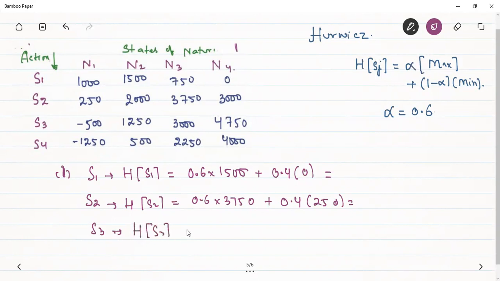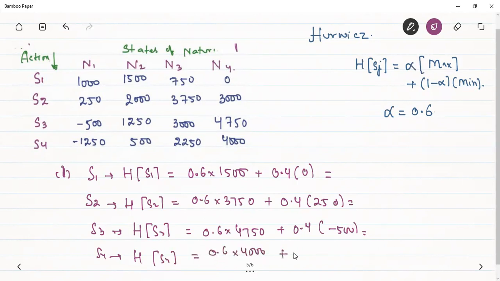Therefore, it will be equal to 0.6 multiplied by the maximum value that is equal to 4750 plus 0.4 into the minimum value which is equal to minus 500. And finally for S4 we will calculate H of S4, that will be equal to 0.6 multiplied by the maximum value that is 4000 plus 0.4 multiplied with minus 1250.